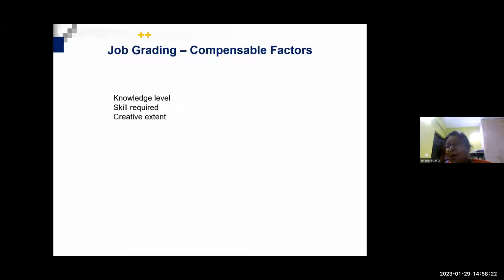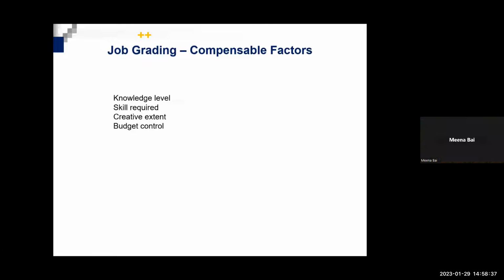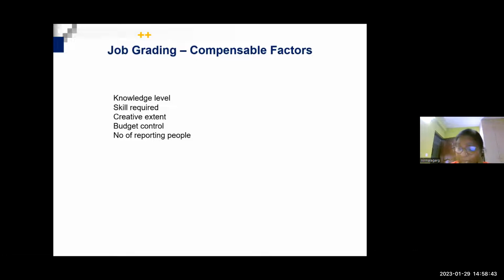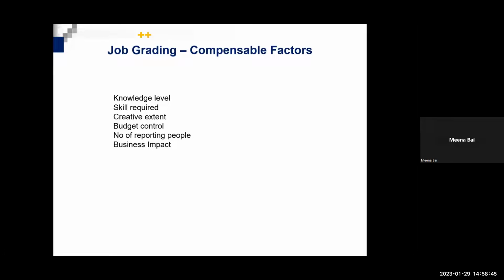I just told you, an organization wants to have product differentiation. It can have creativity and innovation, right? Budget controls. A CFO will have a higher budgetary control, and a finance officer will have maybe much lesser. Will you agree? And number of reporting people also. Higher the job, more number of people reporting. Yeah, supervisory role. Business impact as well, right? An All India sales and marketing manager will have a higher business impact than an area sales manager who's responsible for a particular area.